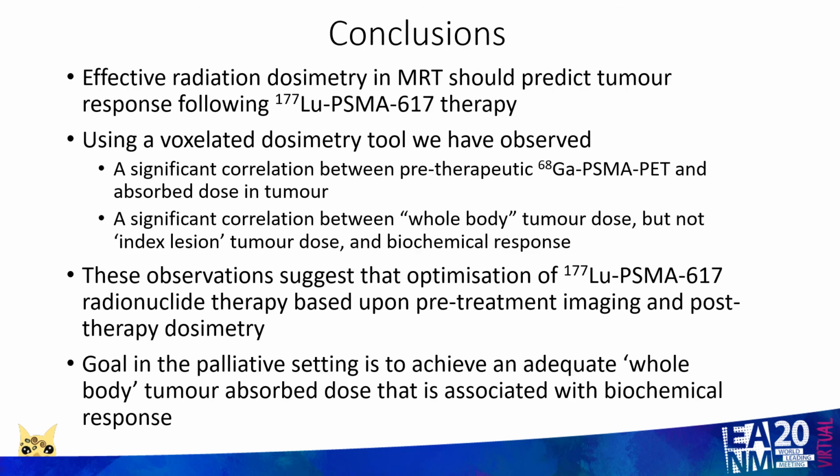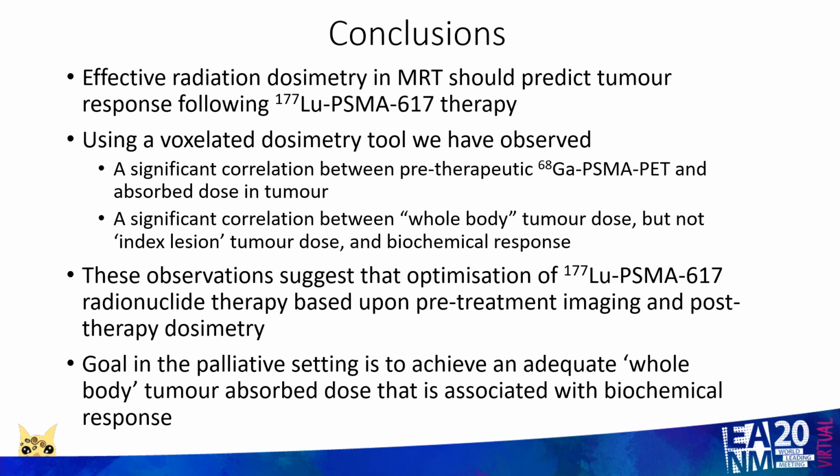So, in summary, what we know from many years of study of the radiation biology of tissues is that absorbed dose in tumour should be reflected in the ability of that dose to eradicate tumour.